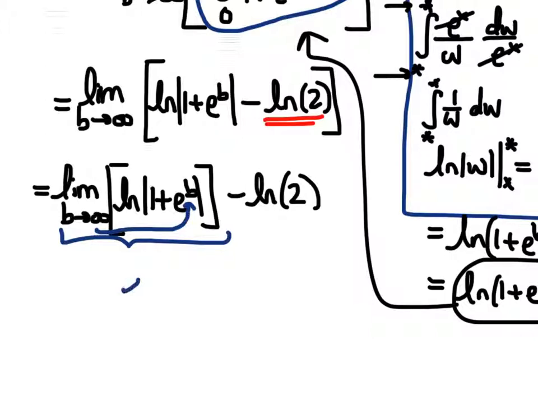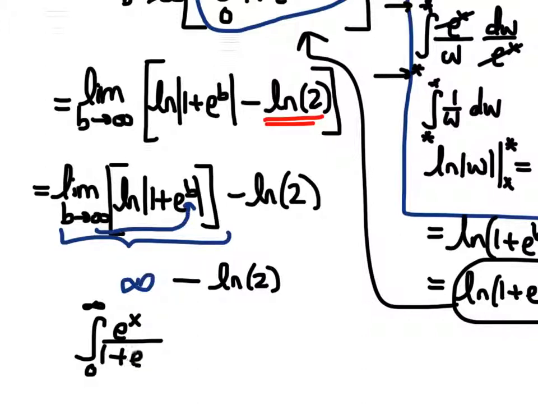So this whole limit goes to infinity, and then you're just subtracting a constant value, which means that the original integral that we started with must diverge. So our conclusion is that this improper integral diverges.